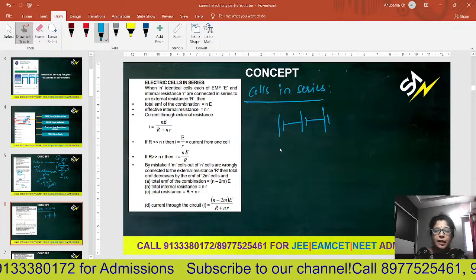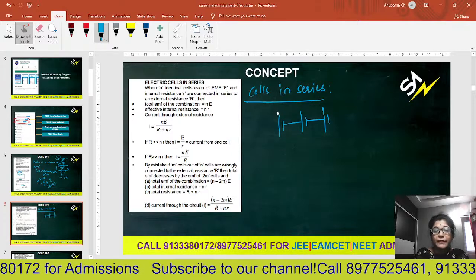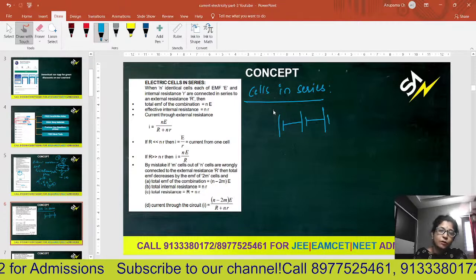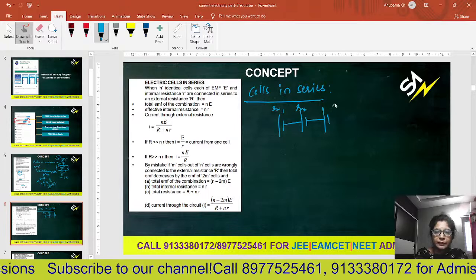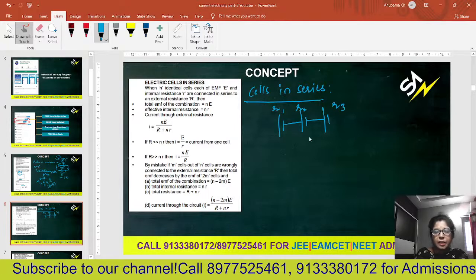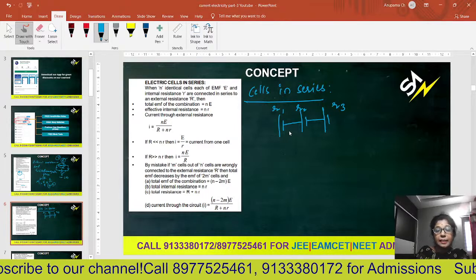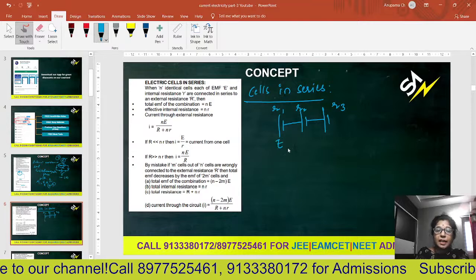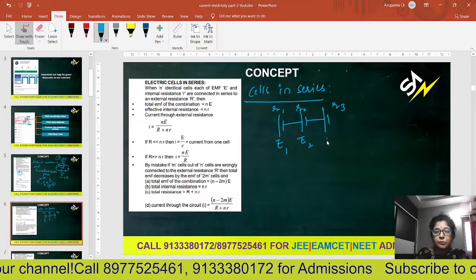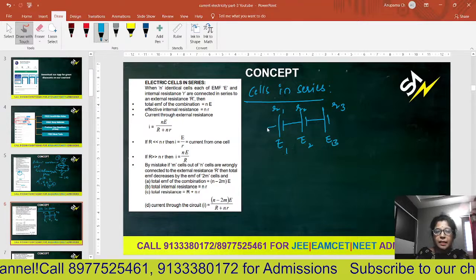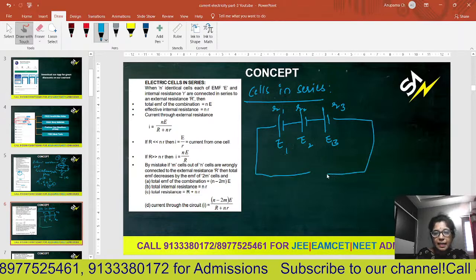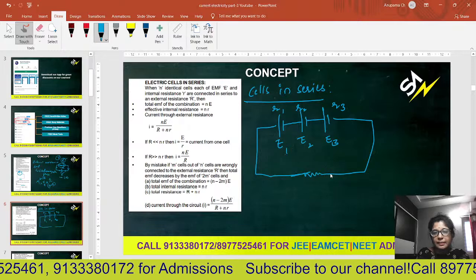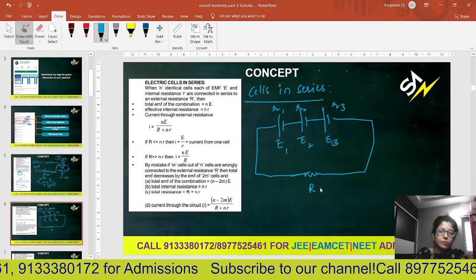Now, let us suppose the internal resistances of the cells are r1, r2, r3, and the EMFs are E1, E2, E3. This is the arrangement, and there is a resistor R also here.